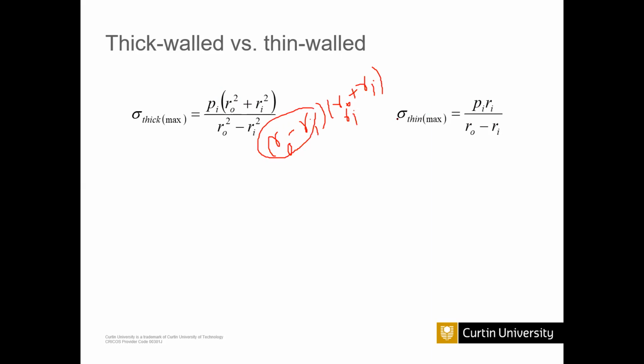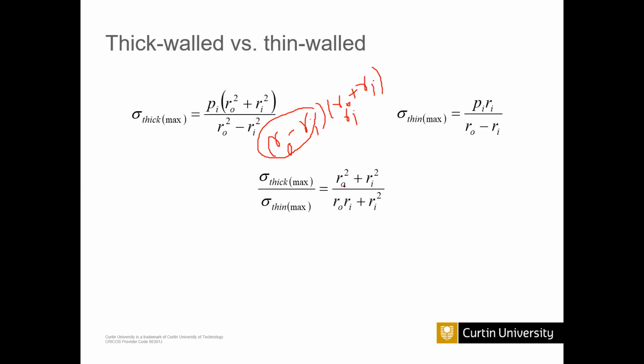So now we have two equations. What we are going to do is work out the margin of the thick wall and thin wall. Keep it in mind. We can get the ratio between these two equations. Pi will be cut off, and I'm going to explain so you can get this equation.